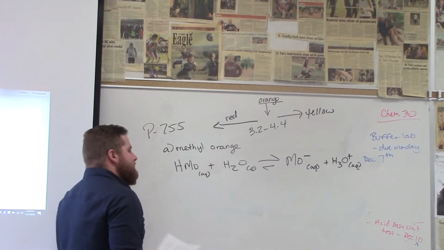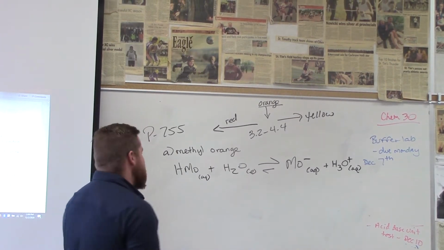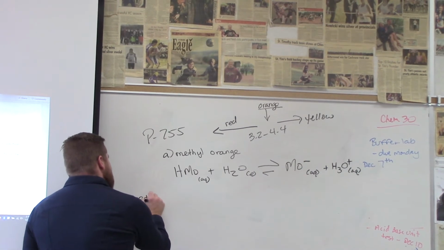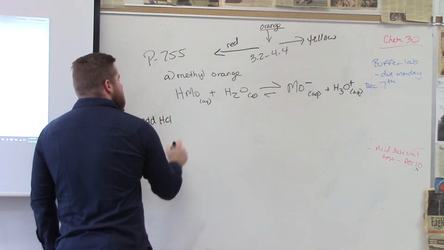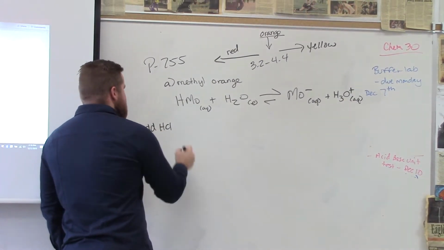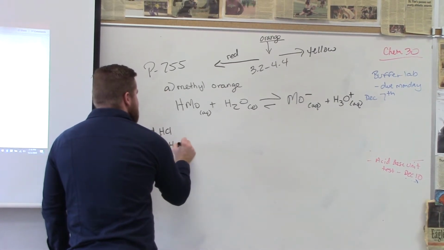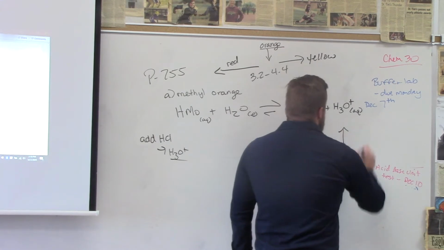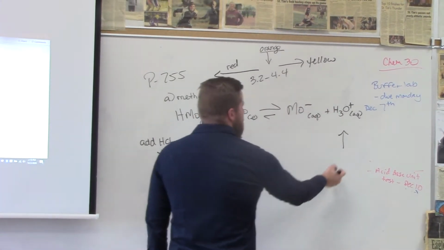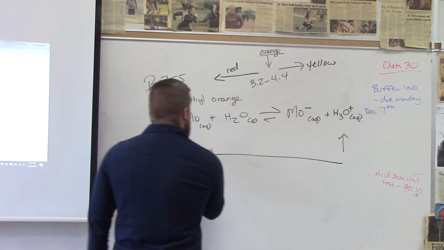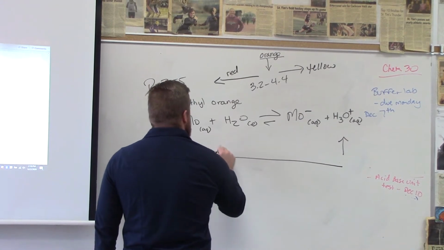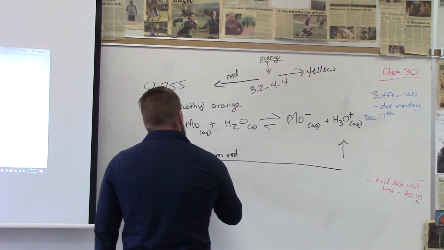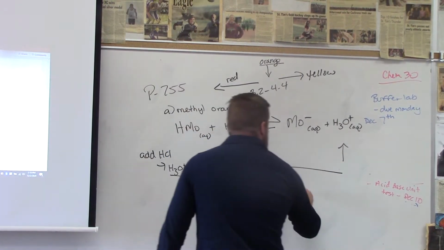Alright, now let me look at some equilibrium shifts here. So let's say we add HCl to this, and this is an indicator. I know that HCl is a strong acid, so that's H3O plus. So if I were to add H3O plus, the equilibrium would shift this way and turn red. Okay, and my new equilibrium would be this.